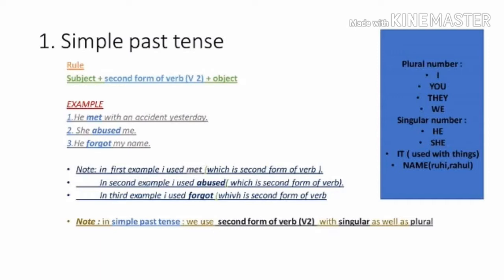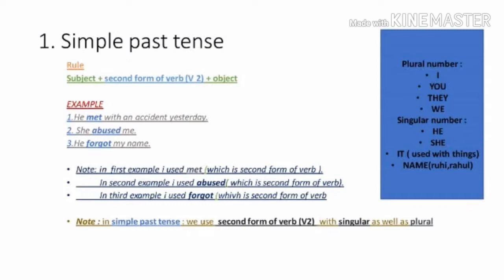Now you can see the rule which is written on screen, which is subject plus second form of verb plus object. The important thing is that we use second form of verb in simple past tense. Now read the first example, which is he met with an accident yesterday. Now you can see I used met, which is second form of verb.